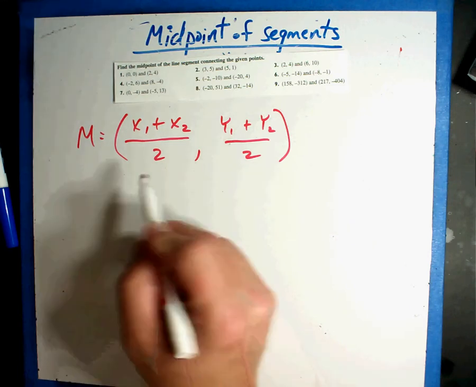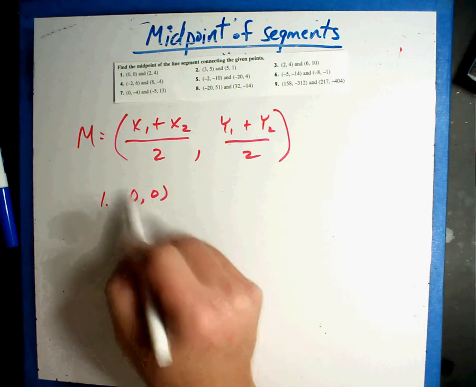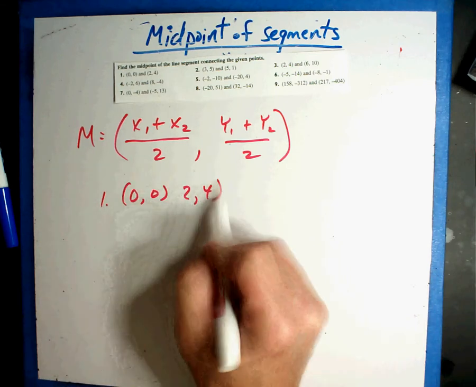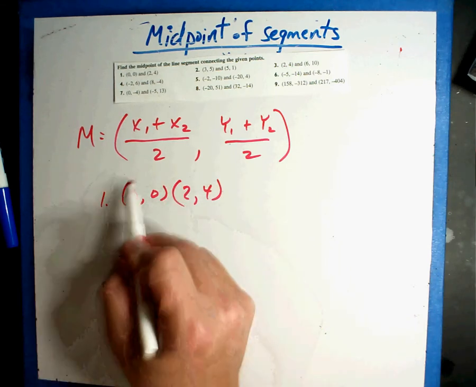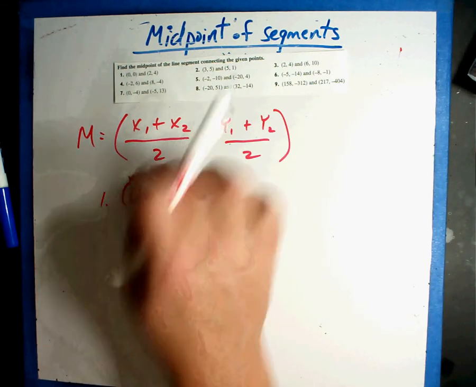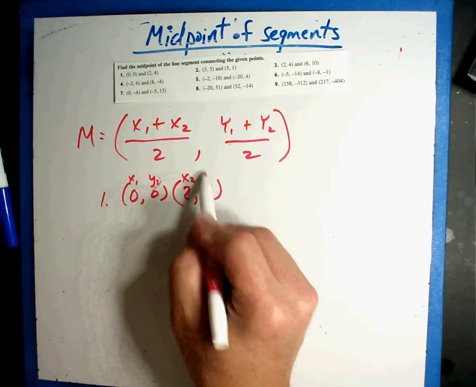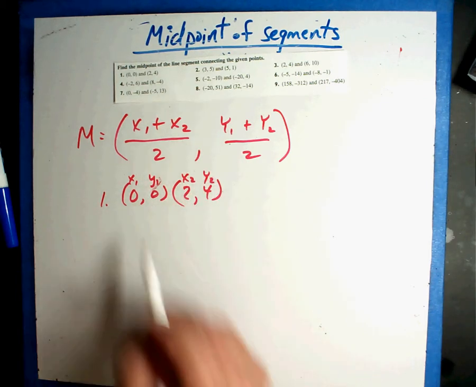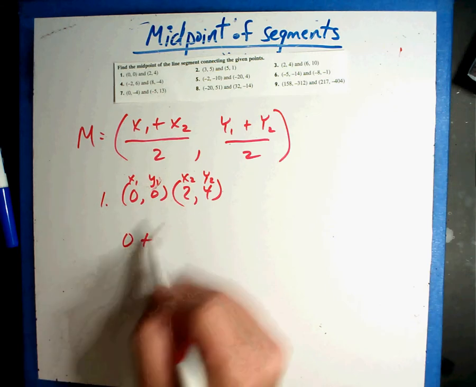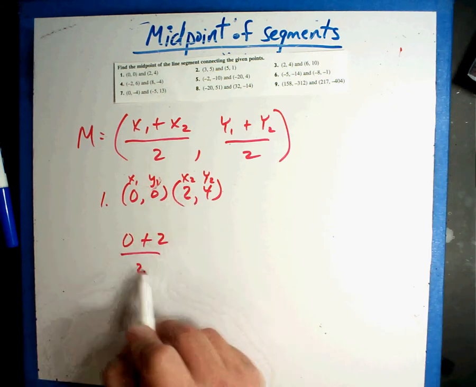Let's do number 1. Number 1 is 0, 0, 2, 4. All right, go ahead and label them: x1, y1, x2, y2. And so x1 is 0 plus x2 is 2 divided by 2.